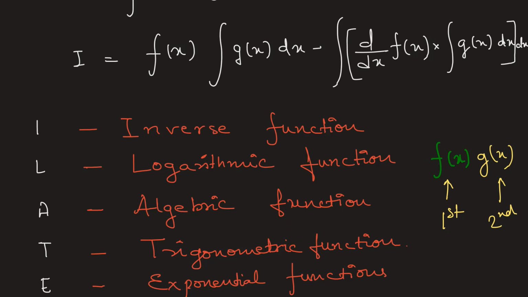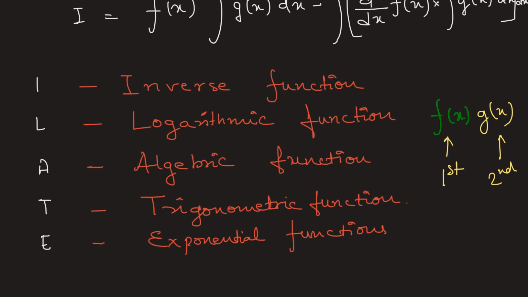It's not that we cannot solve the integral if we select the functions in a random order, but using this order makes the problem easier to solve. If we select randomly, sometimes it is very difficult to solve those integrals.